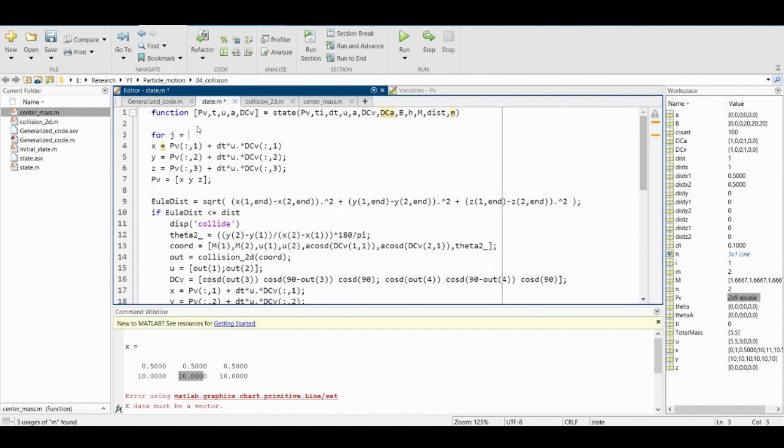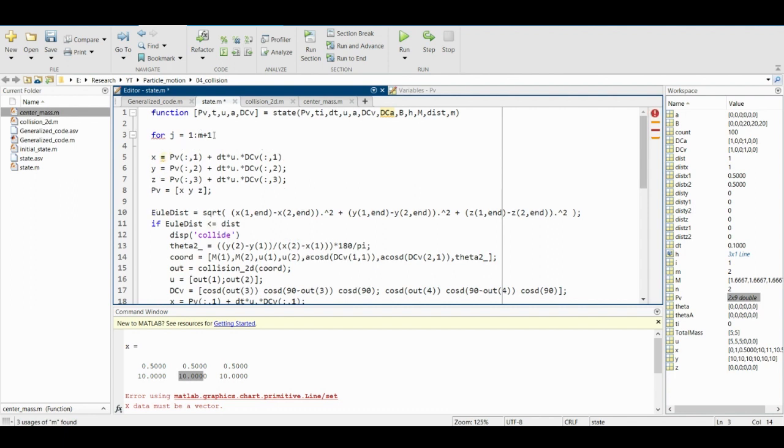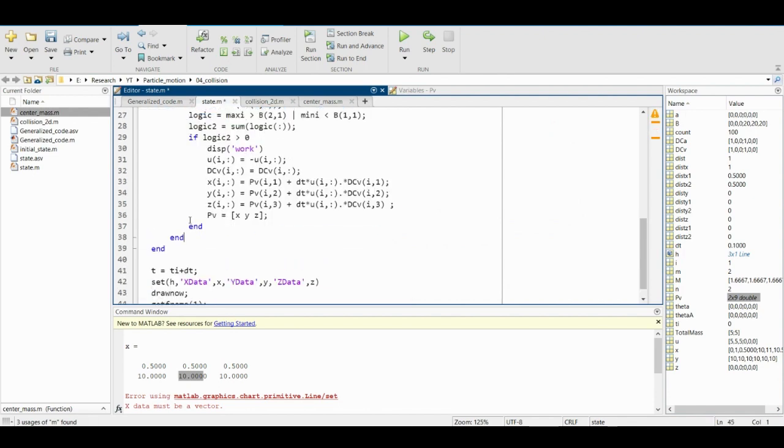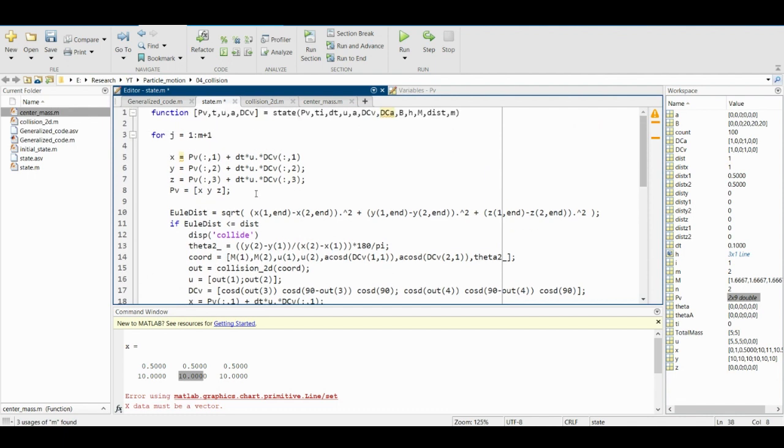For j is equal to 1 to m plus 1, because 2 points, center of mass 3 points. So why would I do that? Let's see. I don't know yet how to do that. Wait. So everybody has 3 points.